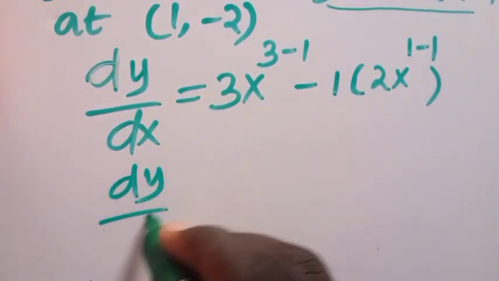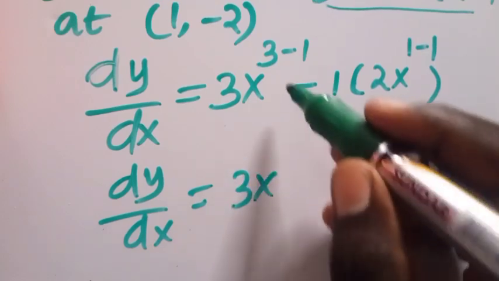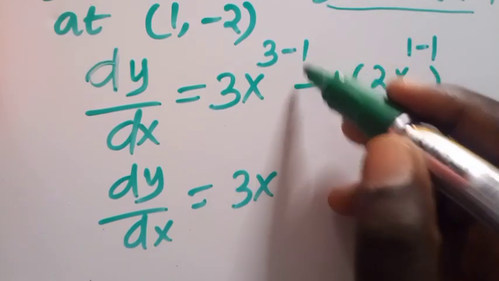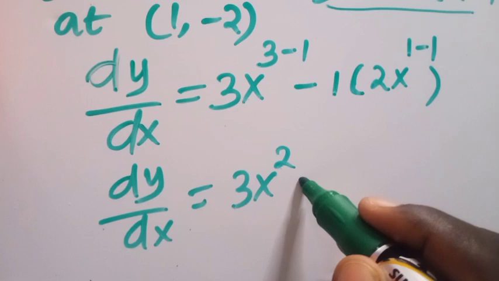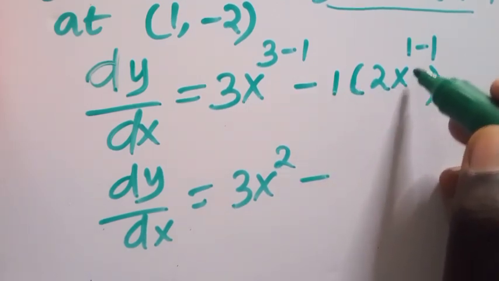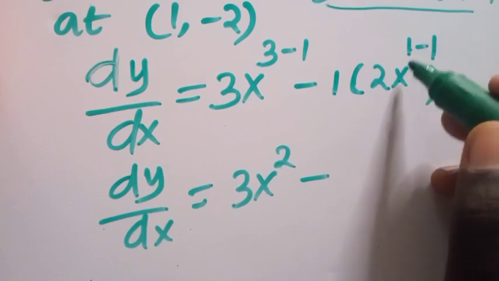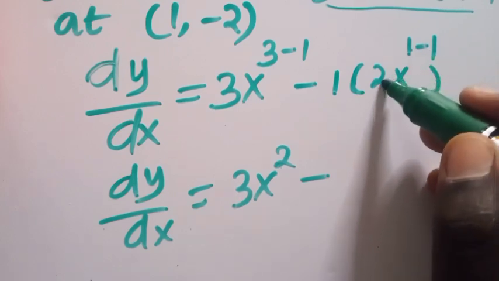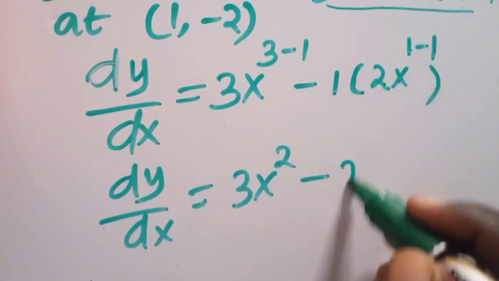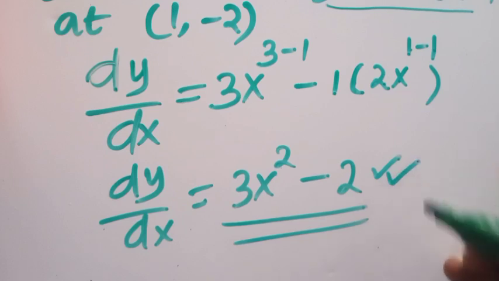Now, dy over dx will therefore be 3x raised to 3 minus 1, which is 2. Then minus, inside the bracket we have 2x raised to 1 minus 1. 1 minus 1 is 0. x raised to 0 is 1, times 2 is 2. This is the gradient function that we have.